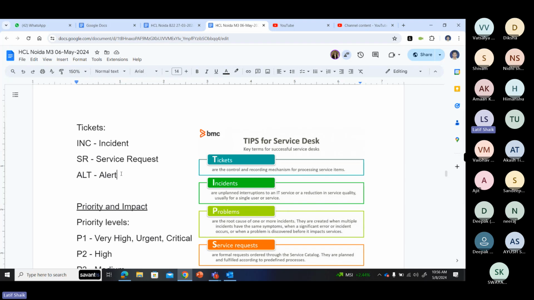Sometimes people call these alarms. These alerts are sent to the service desk software, and a ticket is automatically created from them. Alerts are just like notifications, for example transaction failure or no amount available. This all comes under alerts.